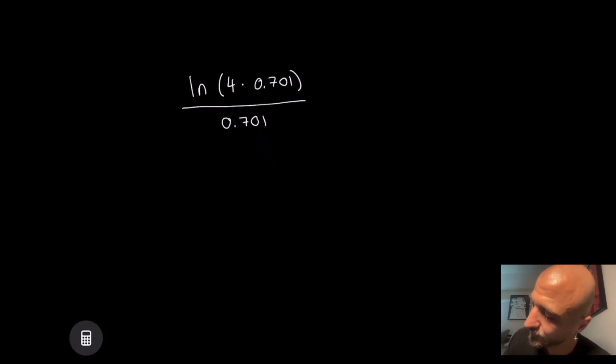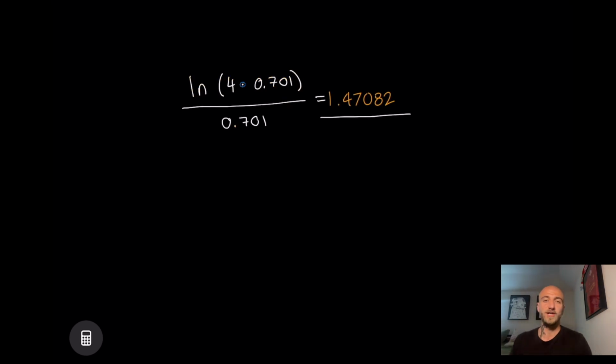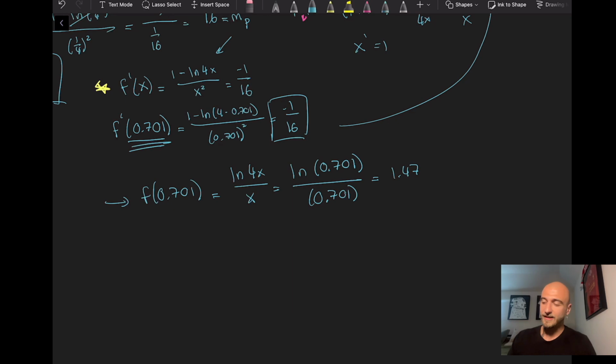Using our calculator, we can compute the ln of 4 times 0.701 divided by 0.701, which should give us a nice value, boom, 1.4708. Finally, our final answer is that the coordinates of point Q are therefore 0.701 and 1.47.